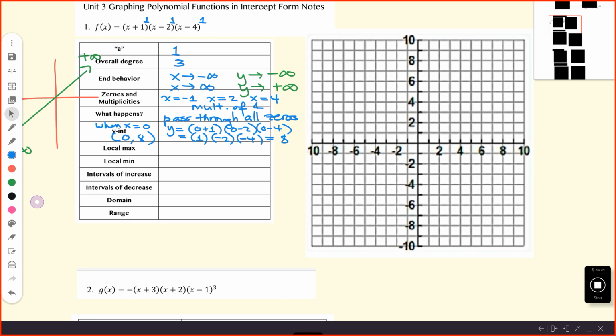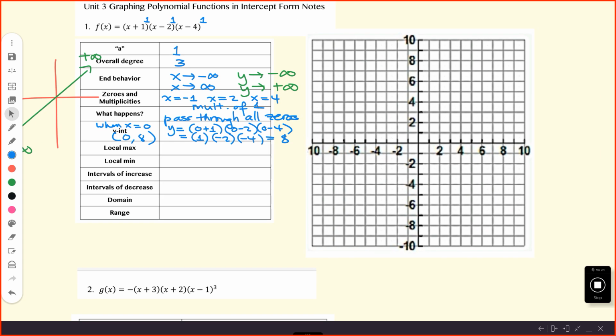Okay? Now, for this part, for the local max, we need to have our graph, right? So this part we're going to graph. We're just going to estimate the graph. But think of this. 0 minus 2, that's negative 2. Yes. How is it positive 8? Because we have a negative 4. So we're multiplying. Yes. Multiplication, right?